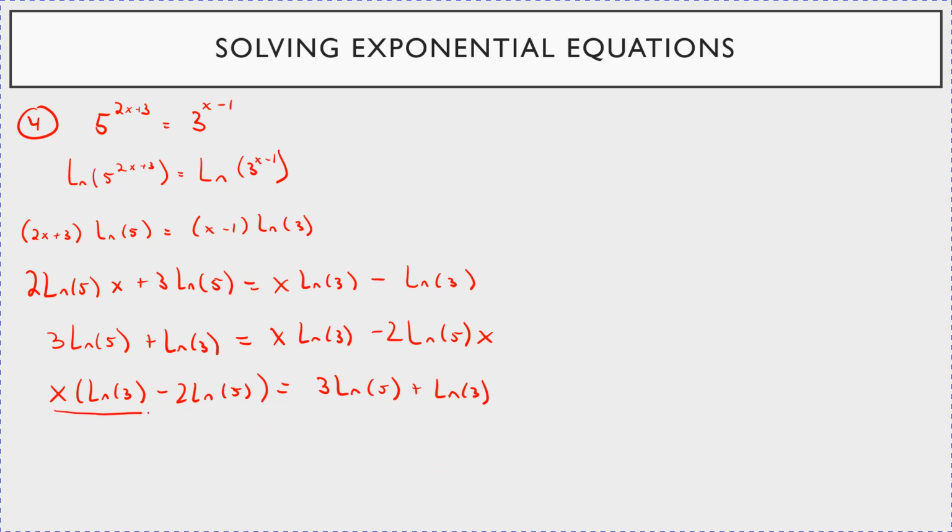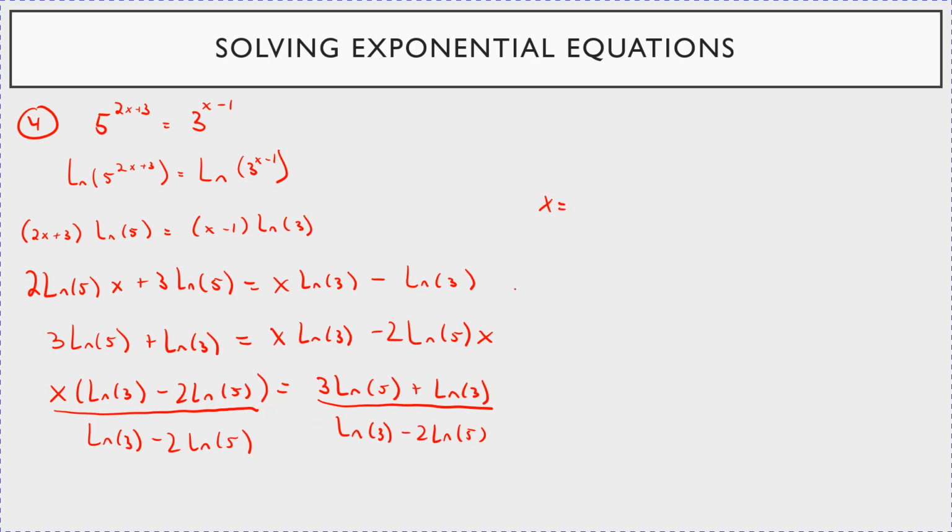So what are you going to do? You're going to divide both sides of the equation by it. Look, these cancel, and this is what you're left with.